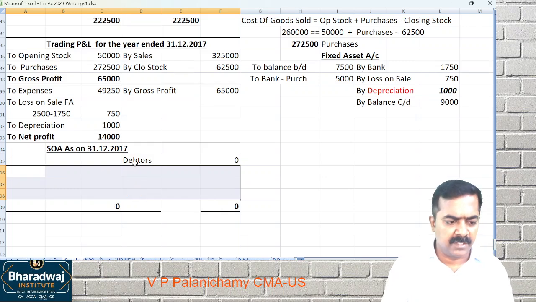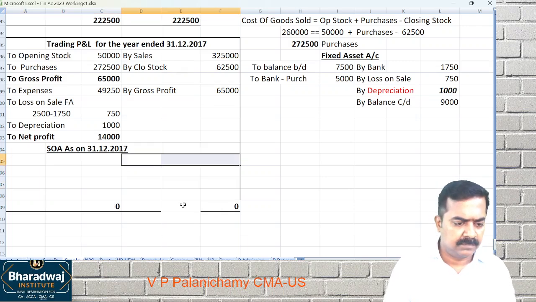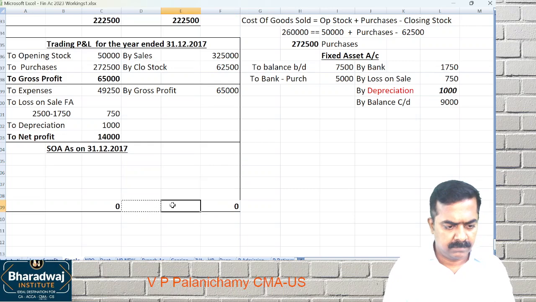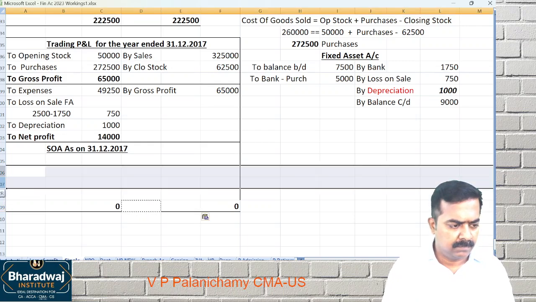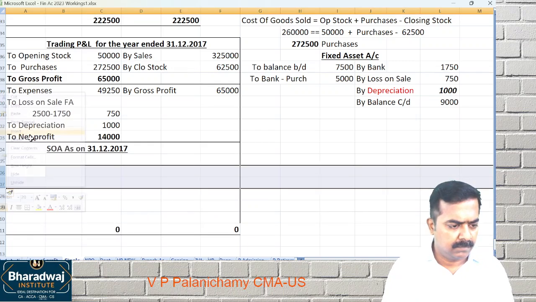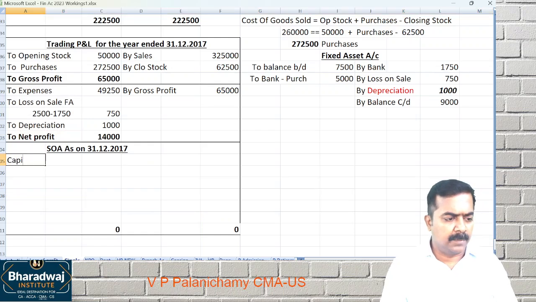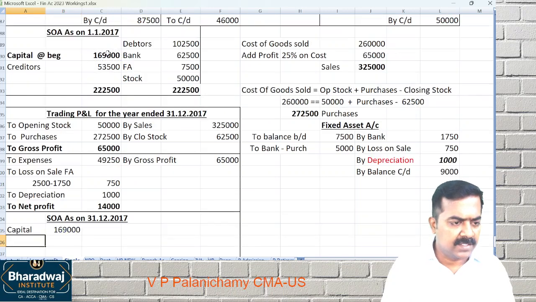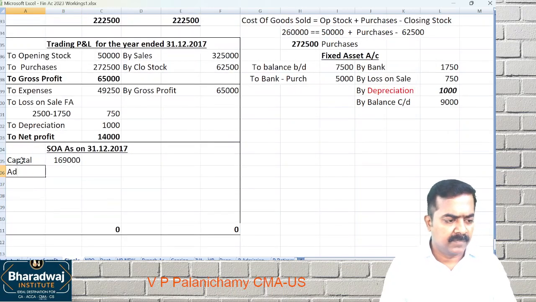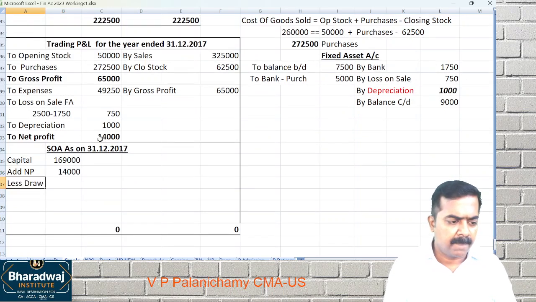Start preparing the statement of affairs at the end of the year. What is capital at the beginning of the year? How much? 1,69,000. Add net profit, minus drawings. What is the drawings?